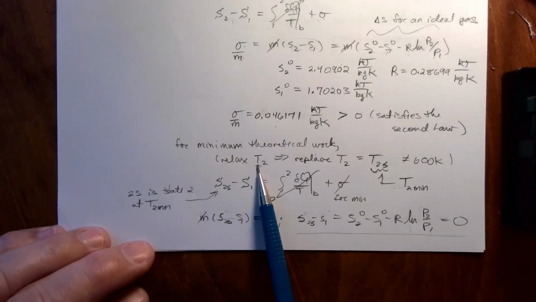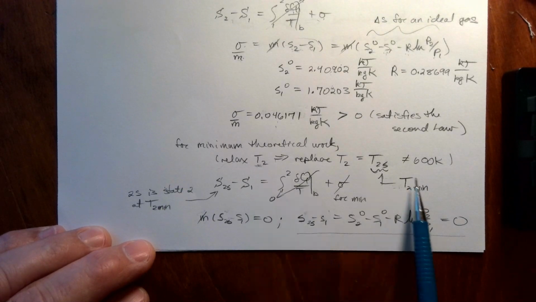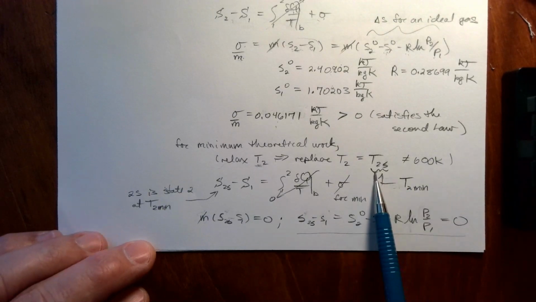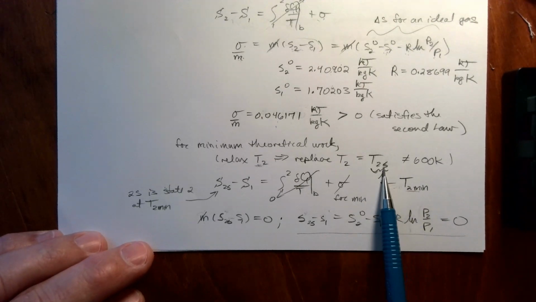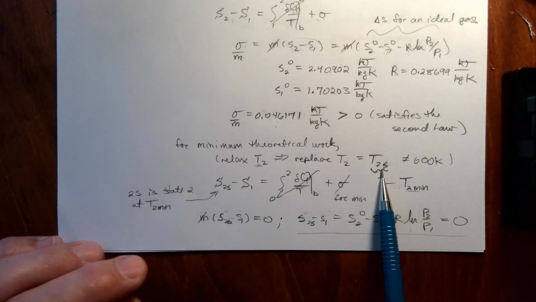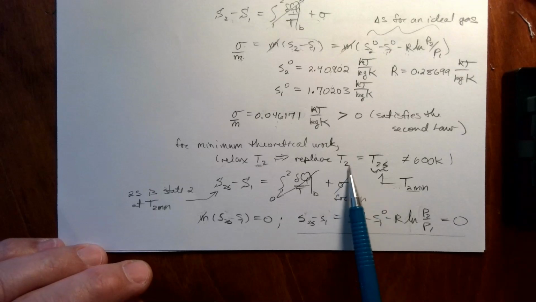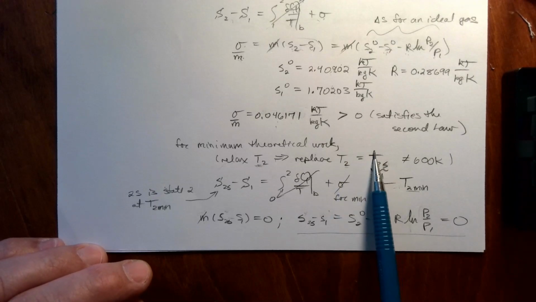What we're actually going to do is figure out, for a reversible process, what the temperature would be at state 2. So it's not going to be 600. Instead, we're going to call that T2 minimum, with a little subscript S to identify that, rather than the T2 actual that they give us, this is our theoretical T, or the minimum T.